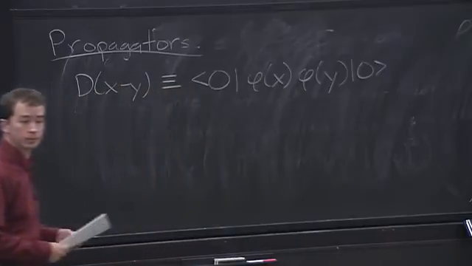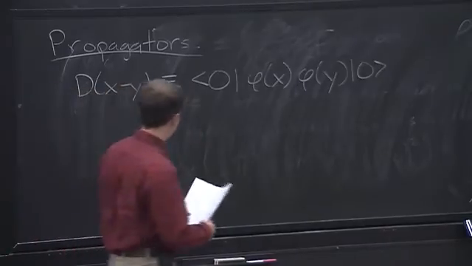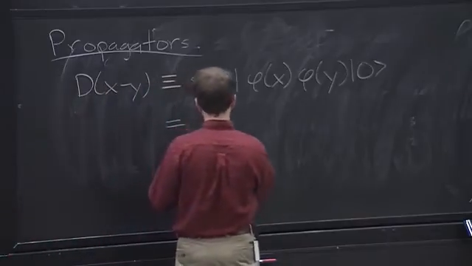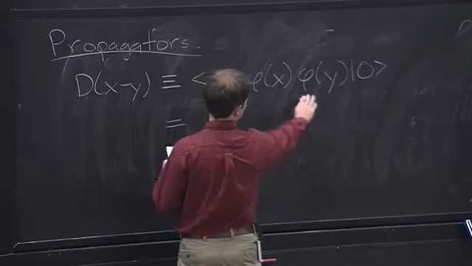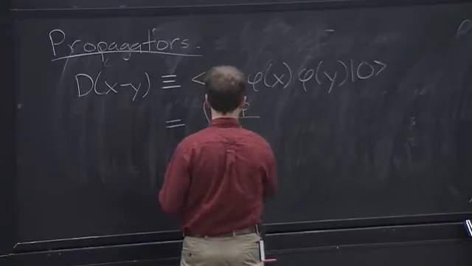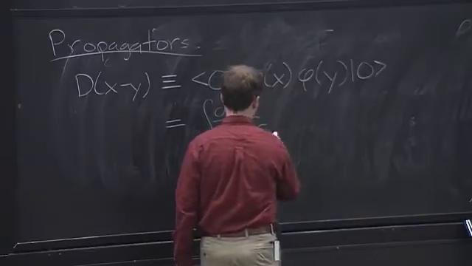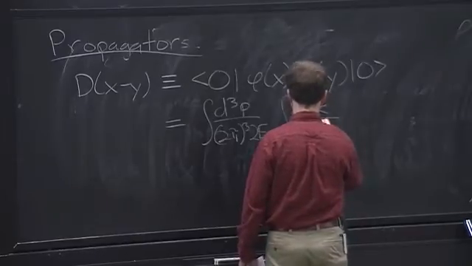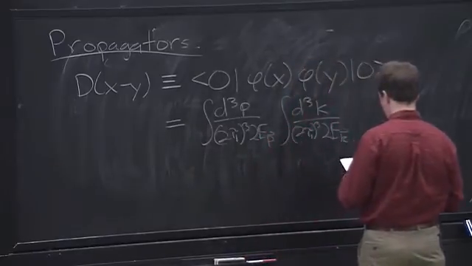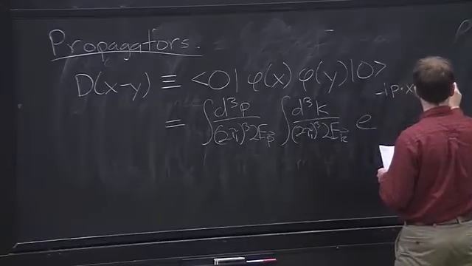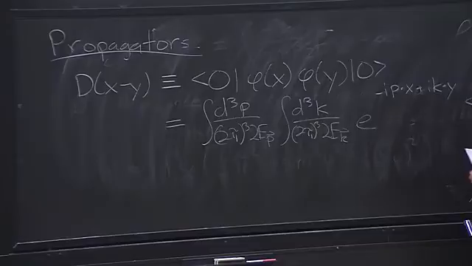If we write these in terms of the creation and annihilation operators, we get the integral d3p over (2 pi)^3 2 E_p, integral d3k over (2 pi)^3 2 E_k, times e to the minus ip dot x plus ik dot y, times <0| a_p a_k dagger |0>.